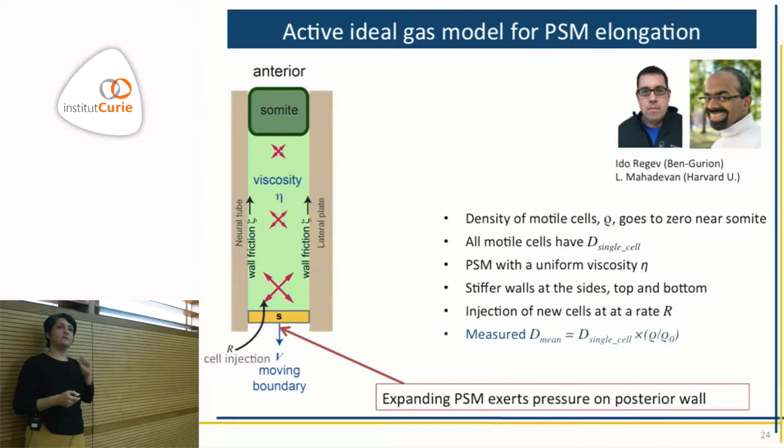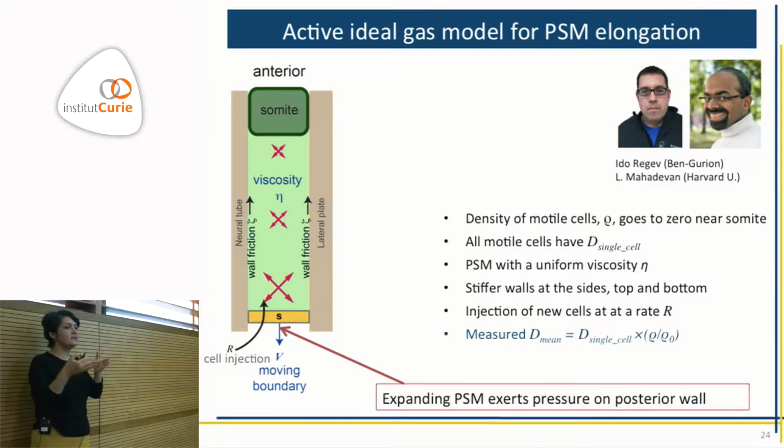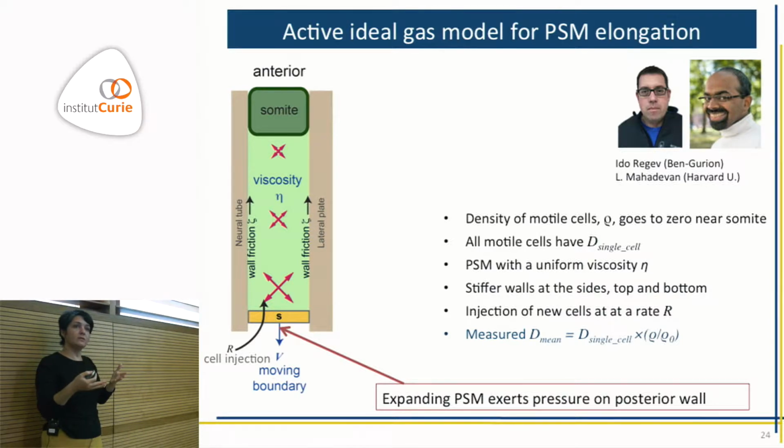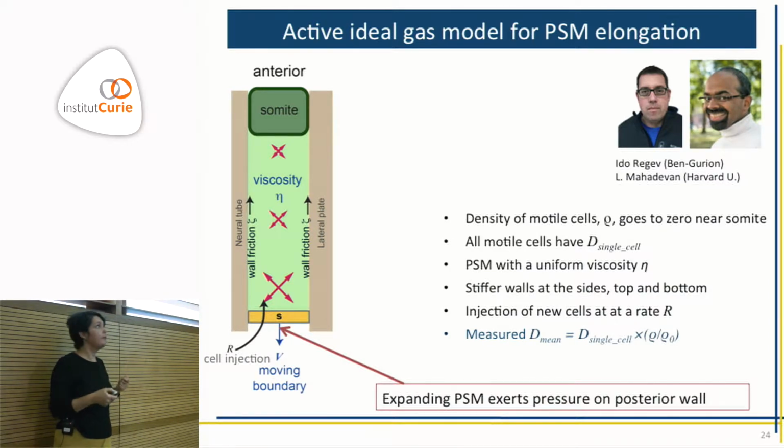This is not the density of all the cells, because you can have active cells and immobile cells in a region. It's like a switch: with a probability, a cell can be active and then it can suddenly become inactive. All the active cells, you give them a diffusion that is a single cell diffusion. They consider that for the moment the PSM has a uniform viscosity.